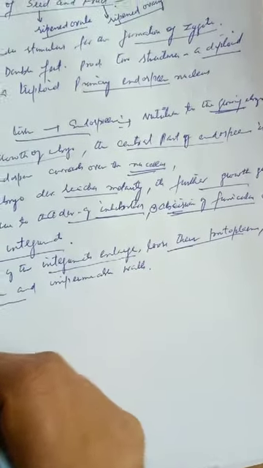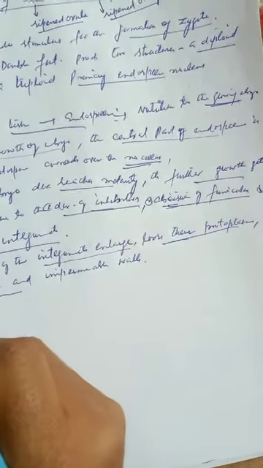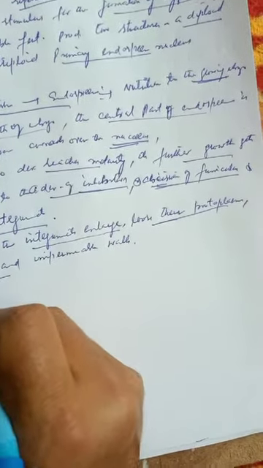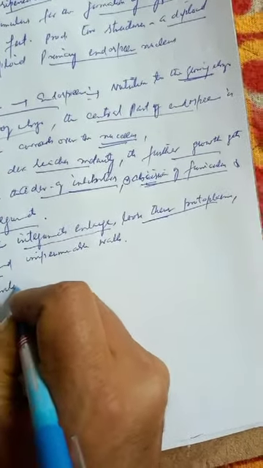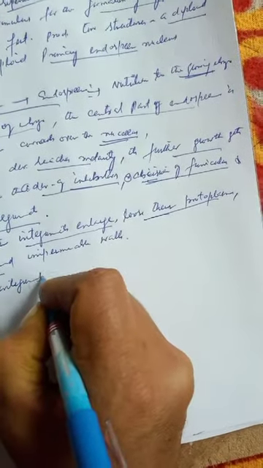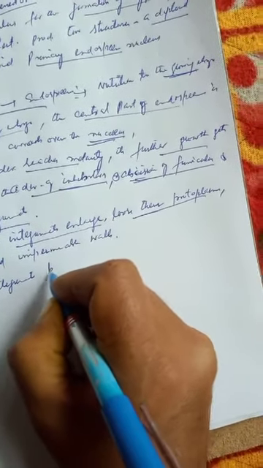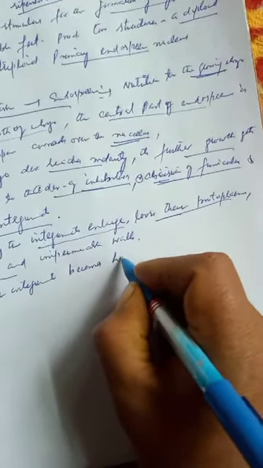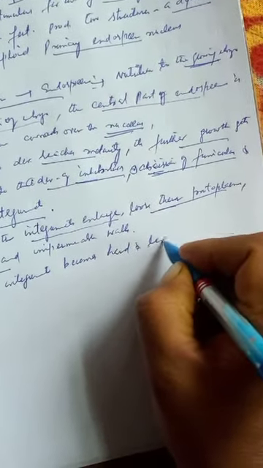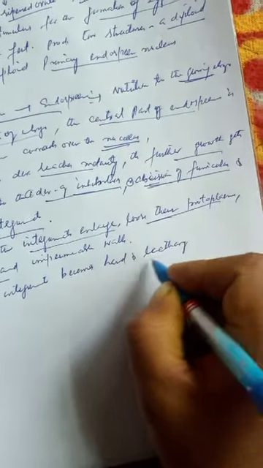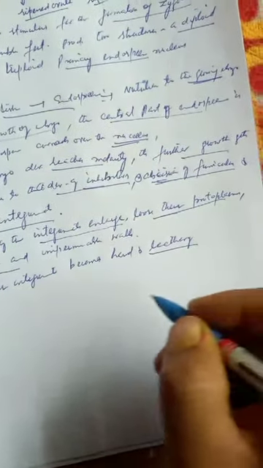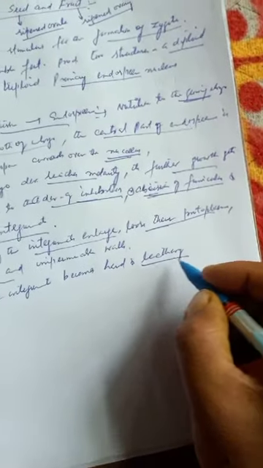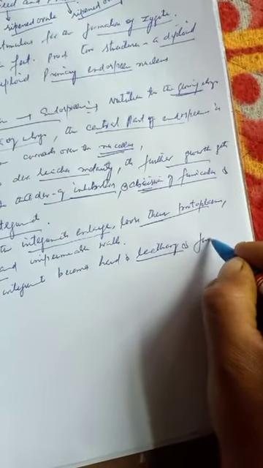Generally we have two integuments in an ovule, and the integuments undergo change.